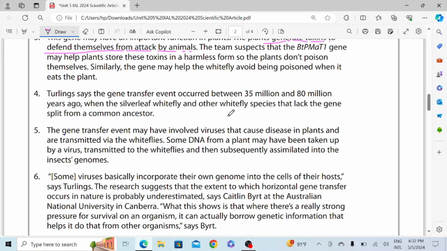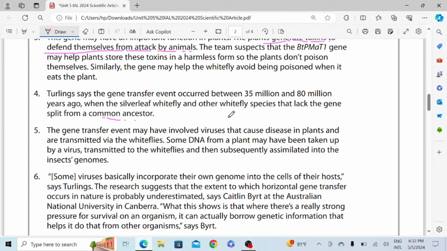Okay, so another question that comes into my mind is actually referring to AS, some of the things you might have studied in your advanced subsidiary level that says about evolution, like how they came from a common ancestor and how they became two different species down the line, like silverleaf whitefly and the other whitefly species.